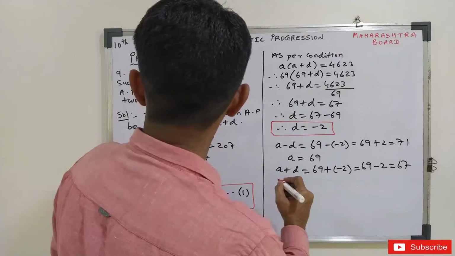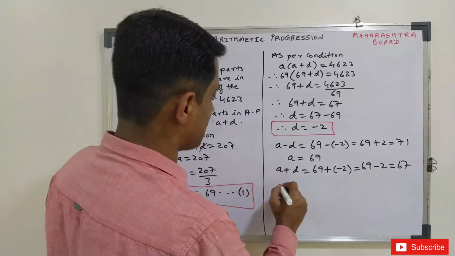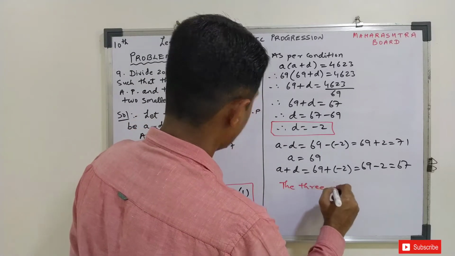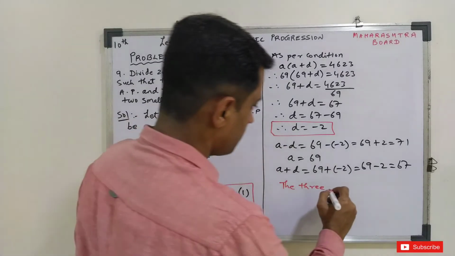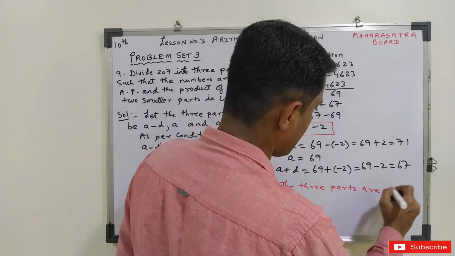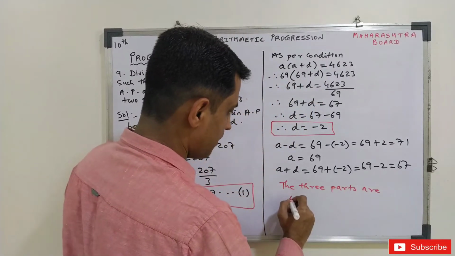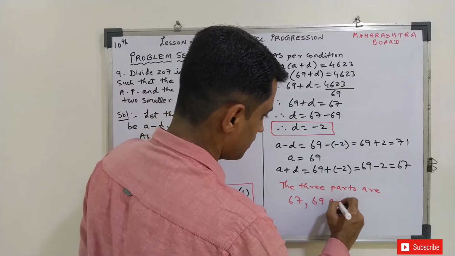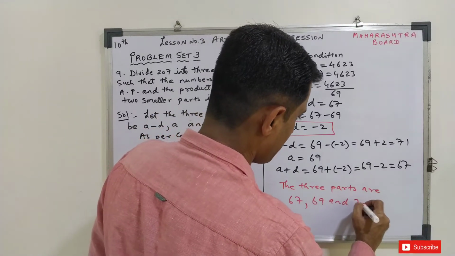So what are the 3 numbers? The 3 parts are, what are they? The smaller number comes first, the small number 67, 69 and 71.